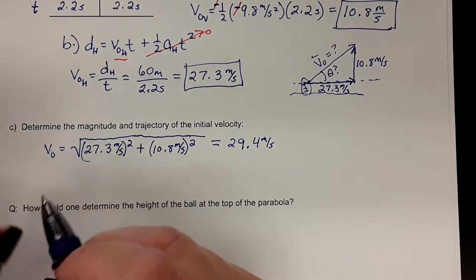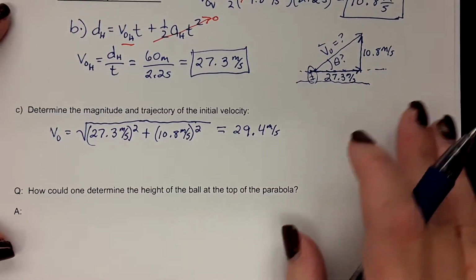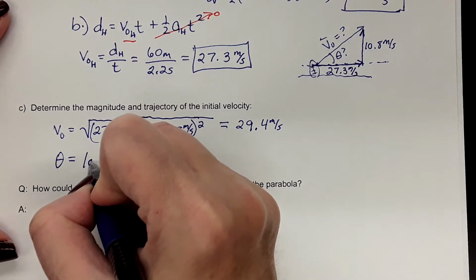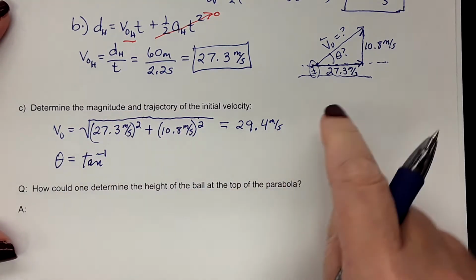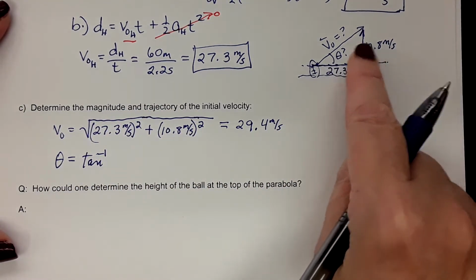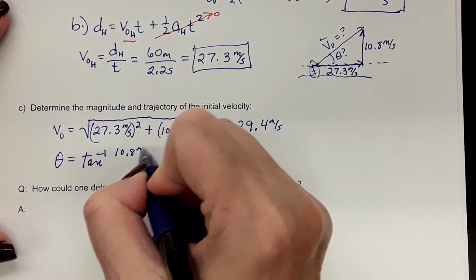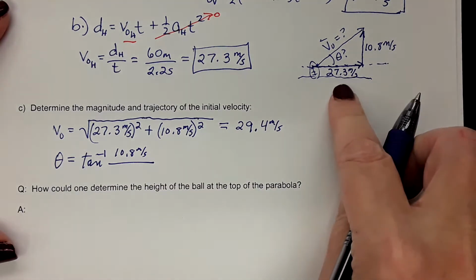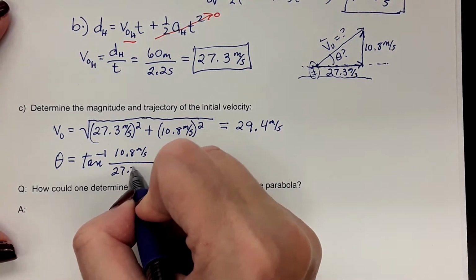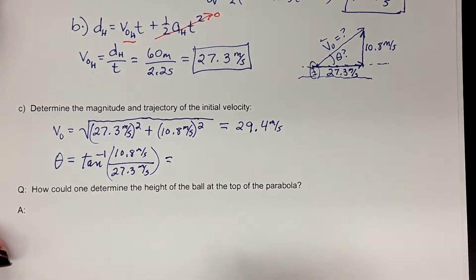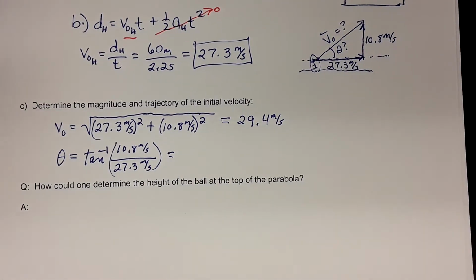Now, what about the angle? What direction was it kicked? What's the trajectory? So we're going to use theta equals the inverse tangent of opposite over adjacent. Opposite, look here, 10.8 meters per second, over the adjacent is 27.3 meters per second. Please make sure that your calculators are in degree mode or you're going to get a strange answer, okay?